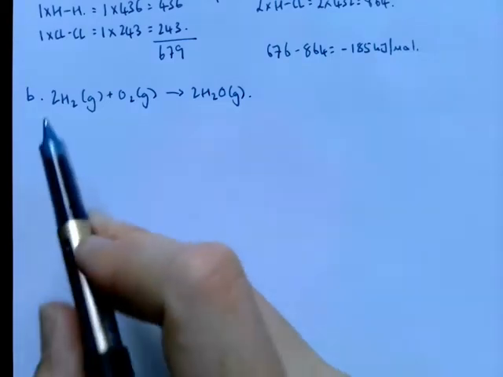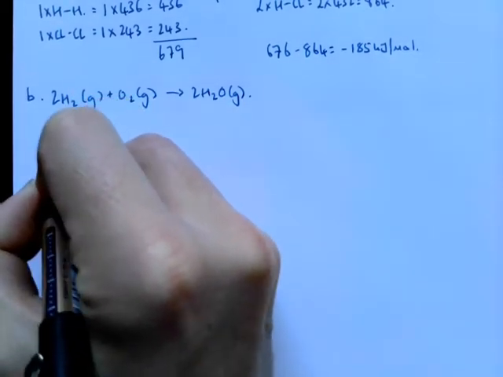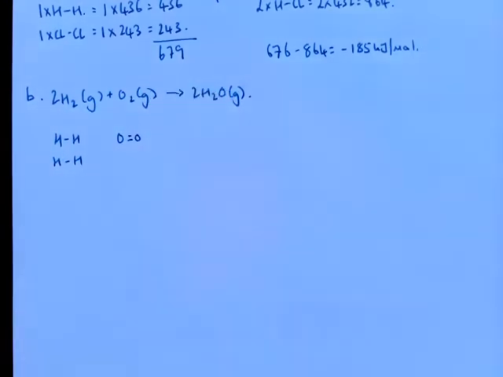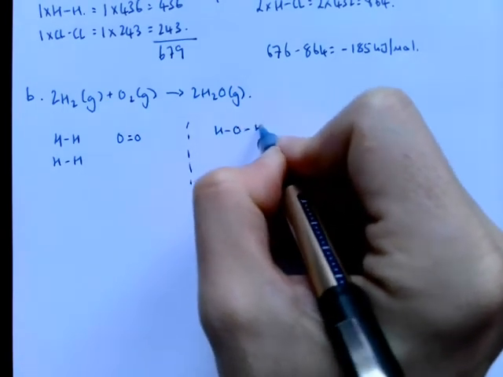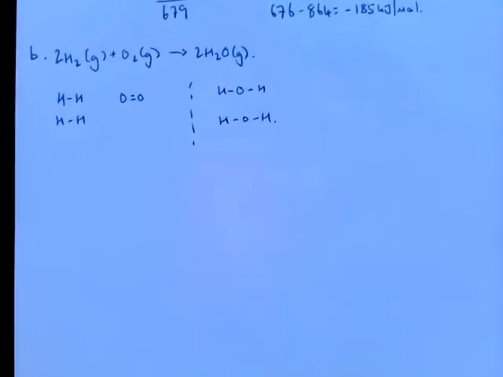Okay, so now we've got hydrogen plus oxygen gives us water. So same again. I've got 2 hydrogens. I've got 1 oxygen. Remember, oxygen's a double bond. And on my products, I've got H-O-H, that's 1 water, and that's 2 waters. And same again, I'm not going to write the energies above the bonds, but you can do that if you want.